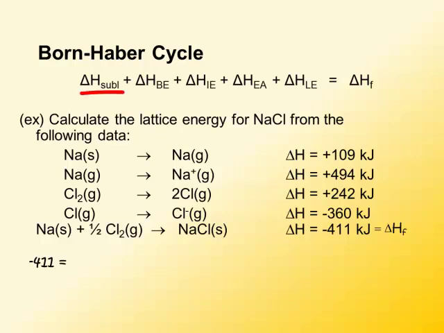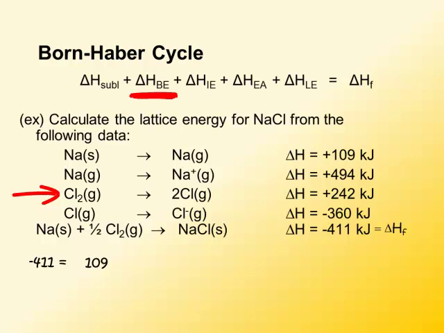Which of these represents the sublimation reaction? The first one, sodium changing from a solid to a gas. Which reaction represents the bond energy? The third one, Cl2, being broken up into chlorine atoms.